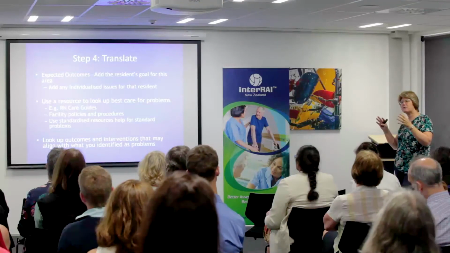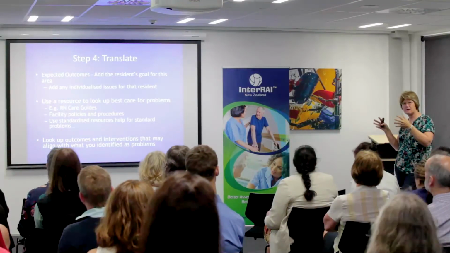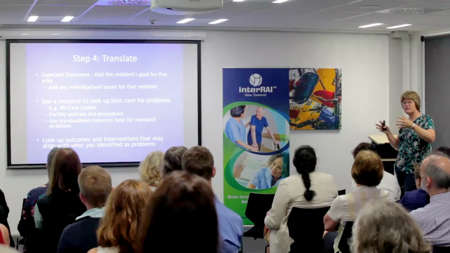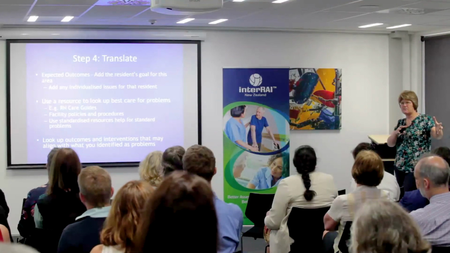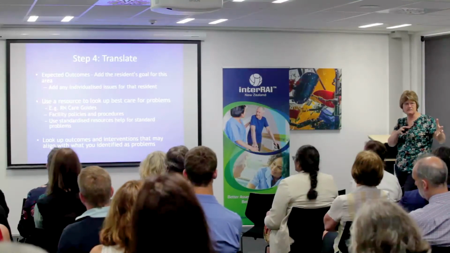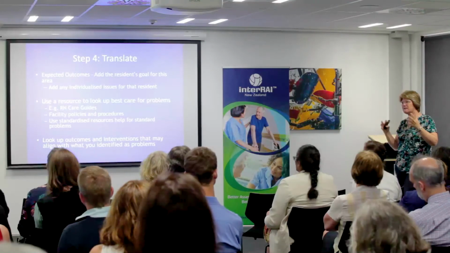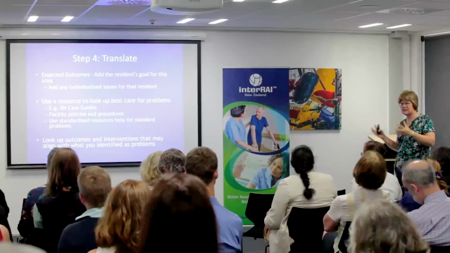How do you incorporate their goals and their preferences into their care plan when they can't tell you what they want? I will also say that a lot of people with mild to moderate dementia can absolutely tell me what they want.